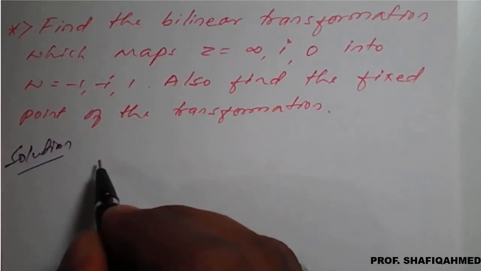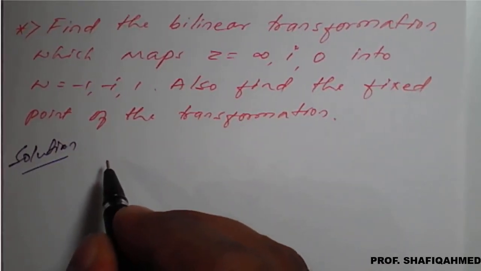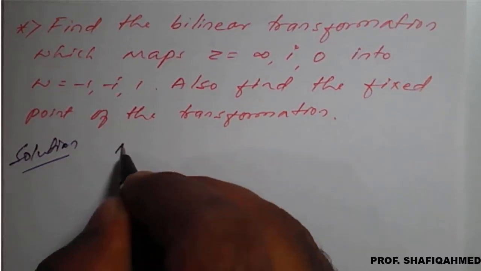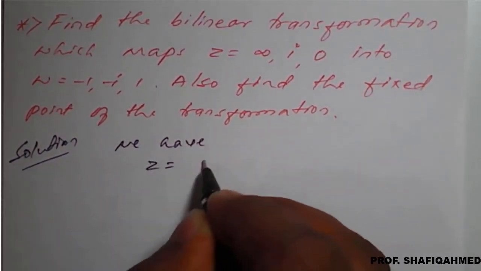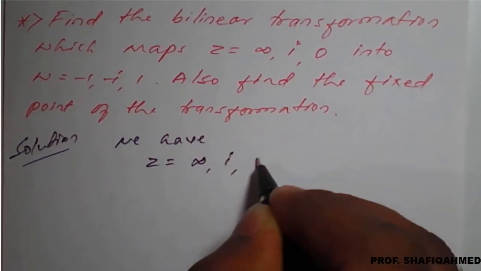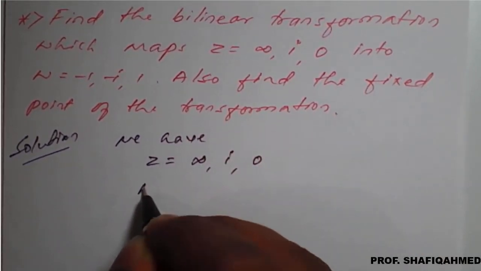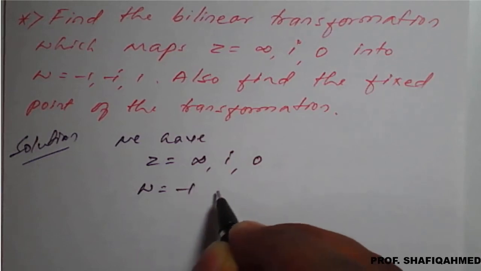Given values of z and w, we have to collect them. So the z values are infinity, i and 0, and the w values are -1, -i and 1.